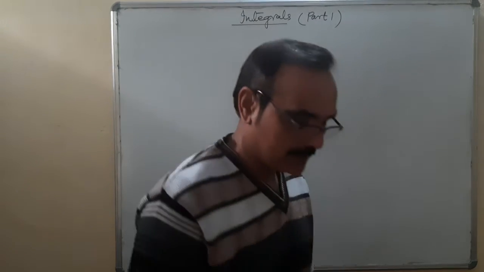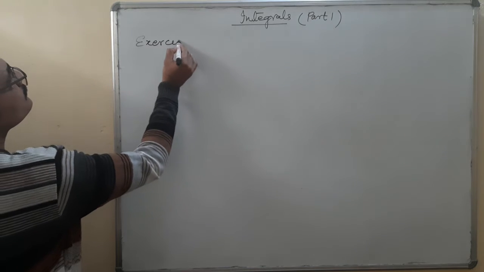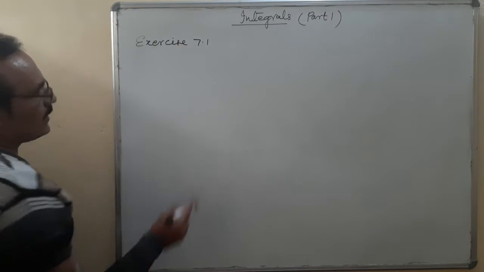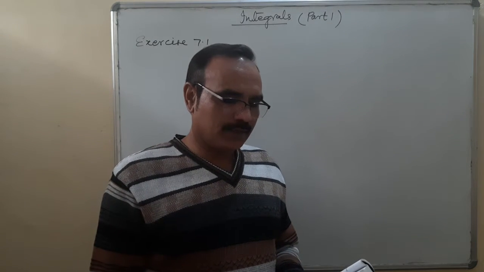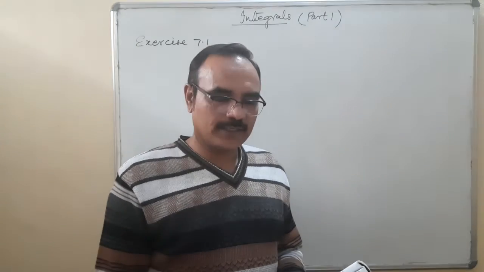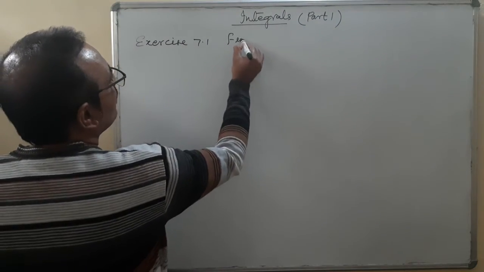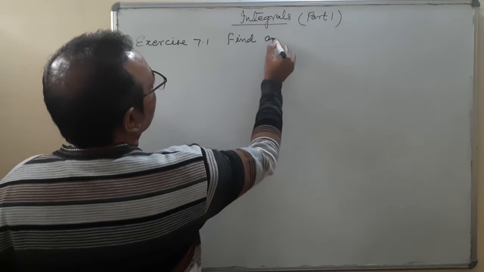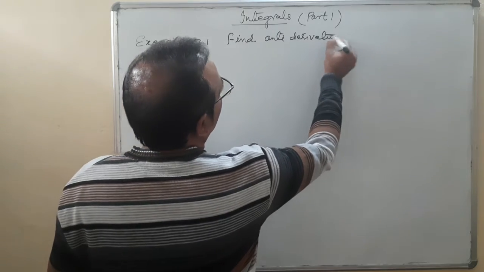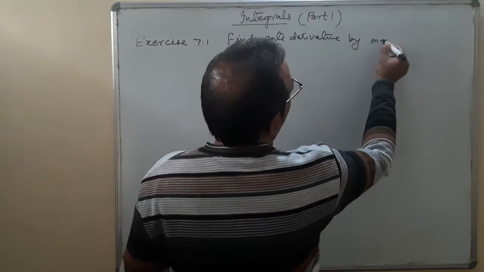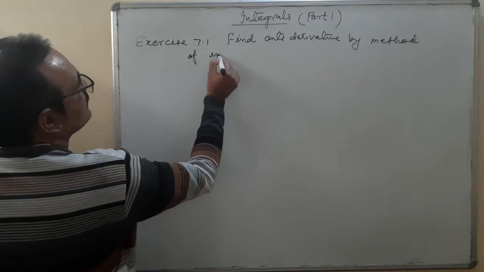Okay. Exercise 7.1. The question is: find an antiderivative of the following function by the method of inspection. Find antiderivative by method of inspection.